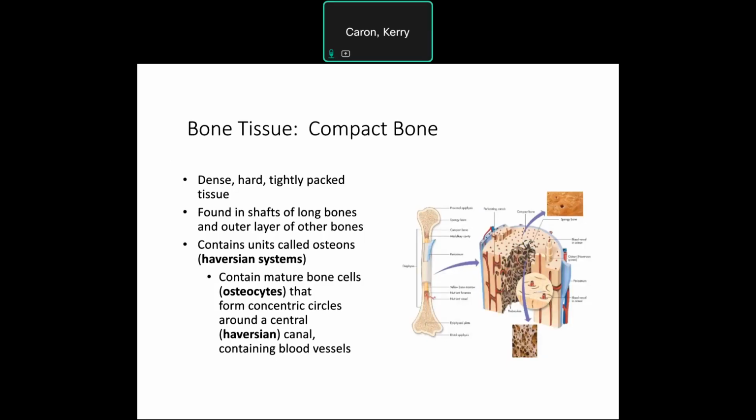And they have these Haversian systems, which are osteons. And mature, they contain the mature osteocytes. So it's kind of this circular. So if you took a look at this long bone here, that's made up of a lot of these Haversian canals that are circular, round, concentric circles around a core. And there's a Haversian canal in the center, and it contains blood vessels.